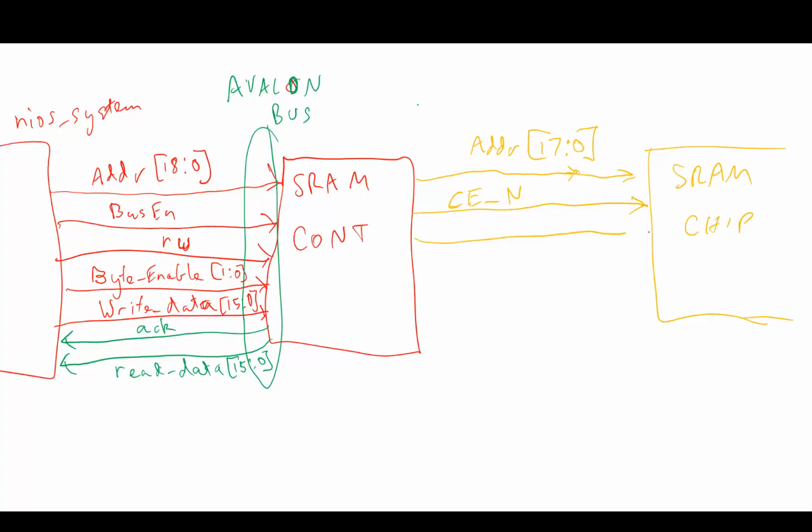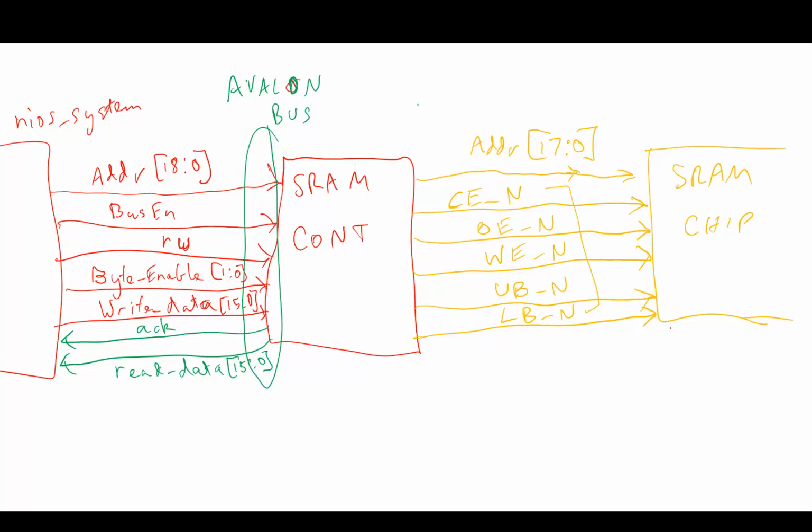You have a chip enable, you have an output enable, you've got a write enable, and then you have an upper byte enable, a lower byte enable. All of these signals that have the _n are all active low.